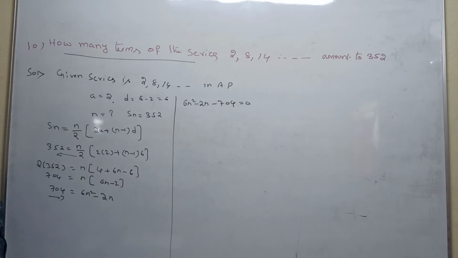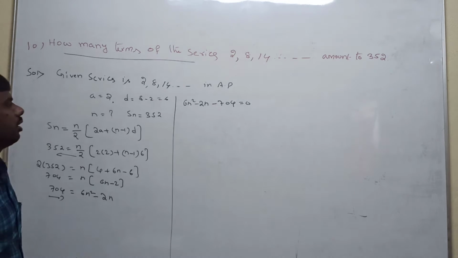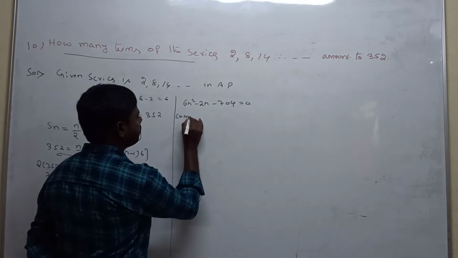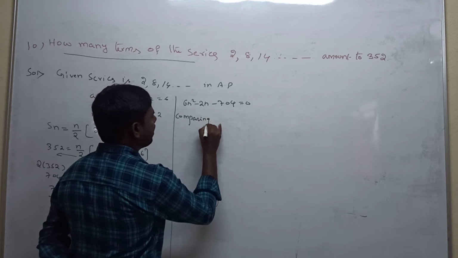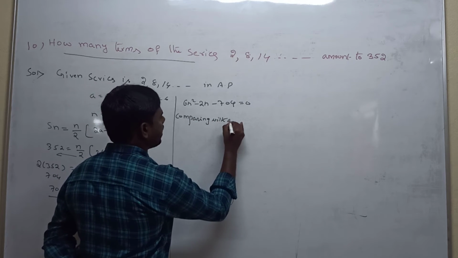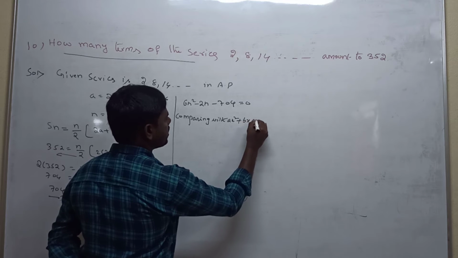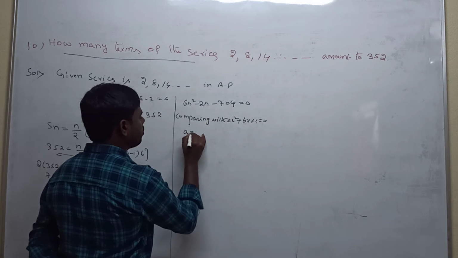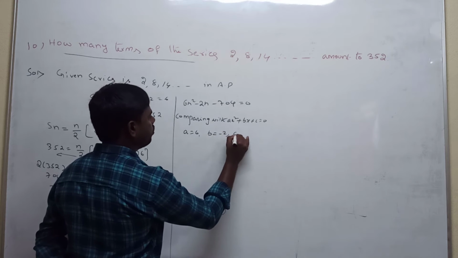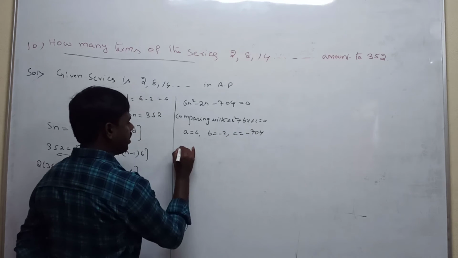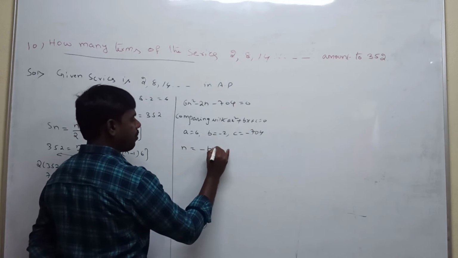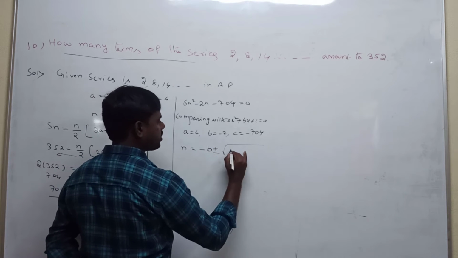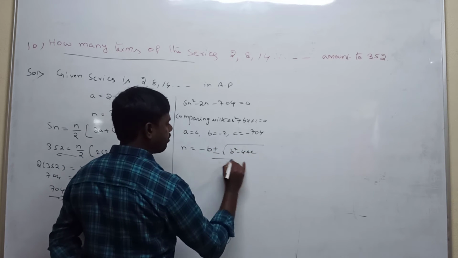Now this form is nothing but a quadratic equation. We can apply the factorization method or the formula method; I am using the formula method here. So now comparing with ax square plus bx plus c is equal to 0 form: a is equal to 6, b is equal to minus 2, c is equal to minus 704. The formula is n equals minus b plus or minus square root of b square minus 4ac, by 2a.